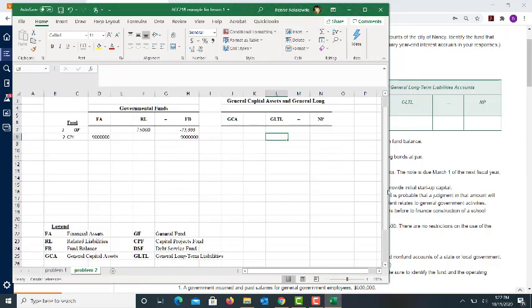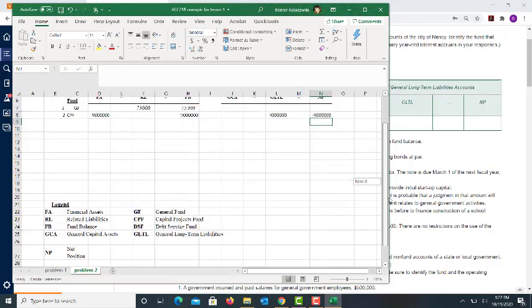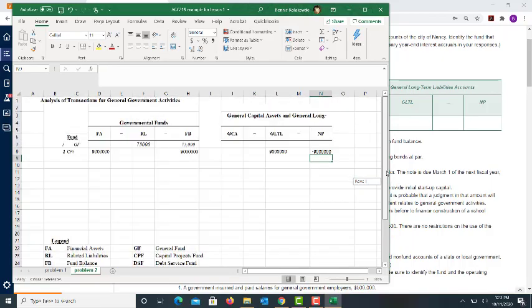We are also going to have on the capital assets and long-term liabilities side a liability of $9 million. And if you remember, NP stands for net position.